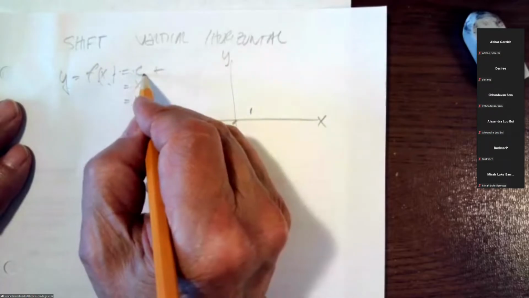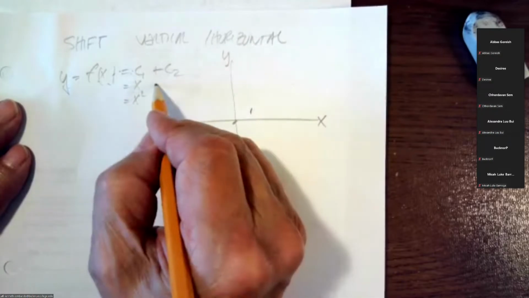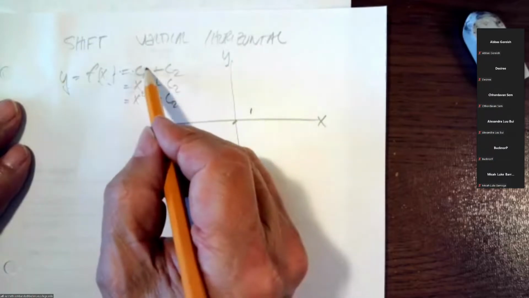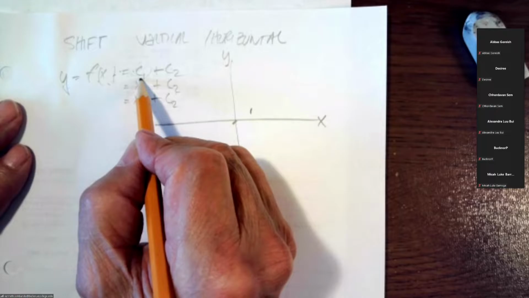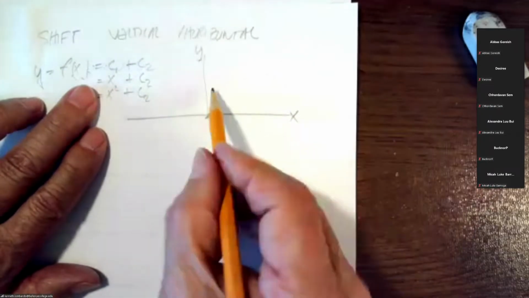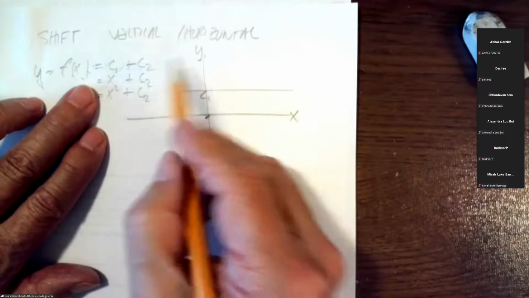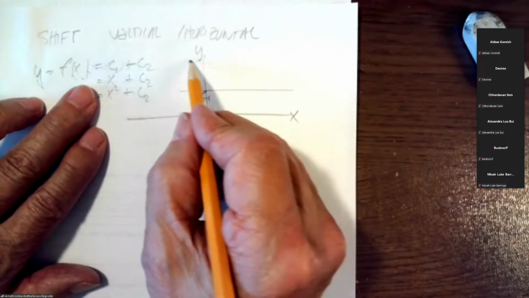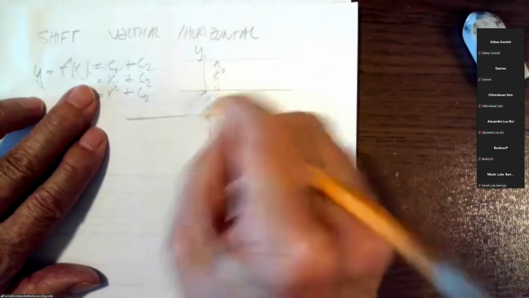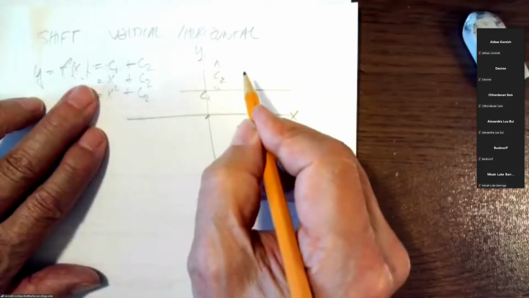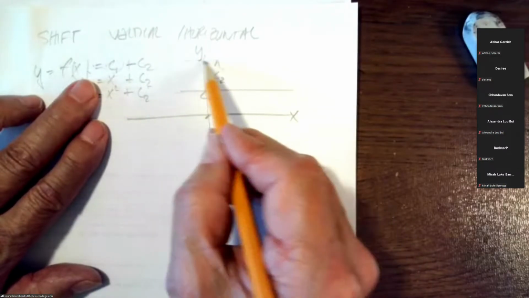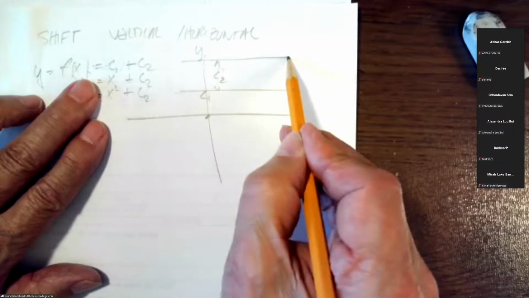So if y equals some constant, say C1 here, and I add another constant C2, this distance C2, not squared, but C2. So y equals this constant plus this constant. So now the new value is here.